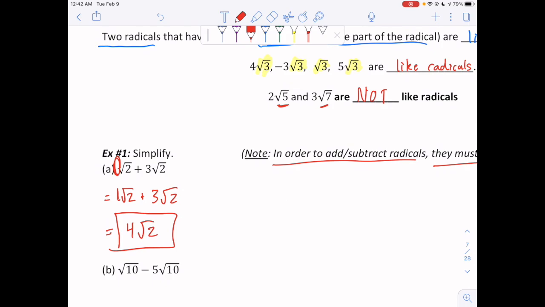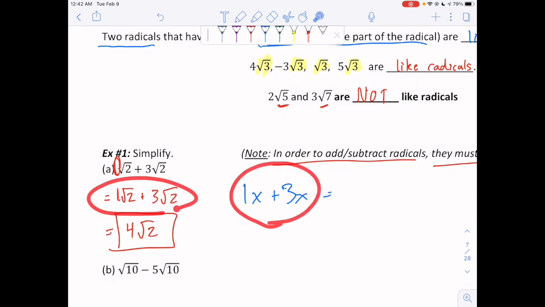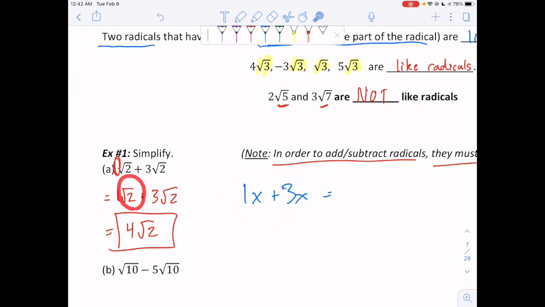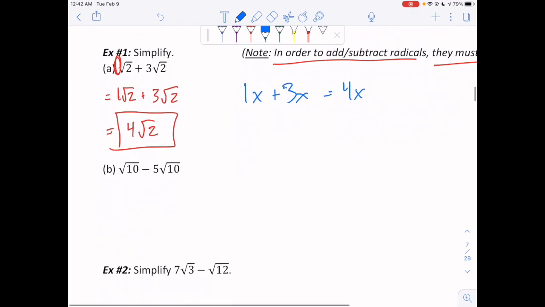Easy, right? And so again, this is very similar if I did 1x plus 3x. It's the same as 1 radical 2 plus 3 radical 2, but instead of the radical 2, I have the x. So in this case, this would be 4x. Okay, just a side example.